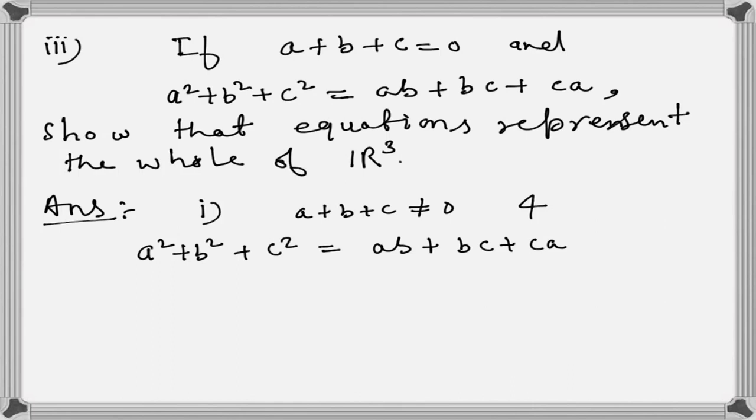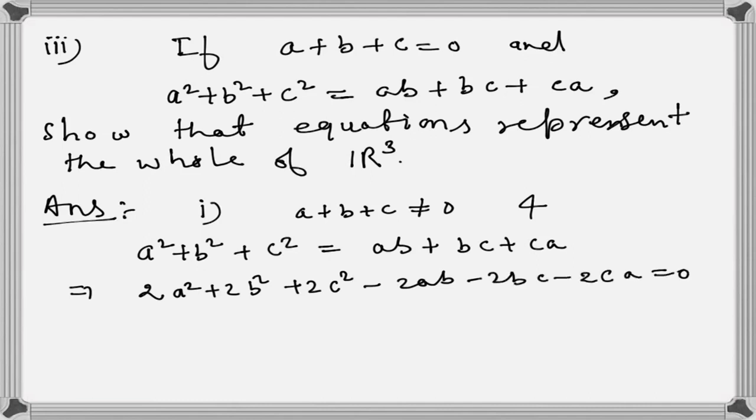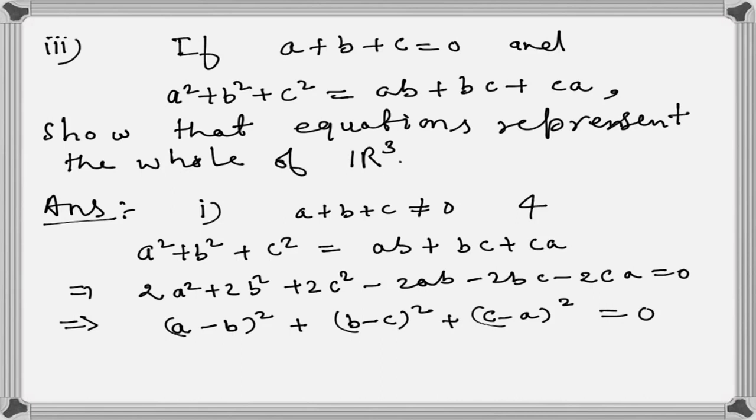So this simply means that 2a square plus 2b square plus 2c square minus 2ab minus 2bc minus 2ca is 0. So this implies that a minus b whole square plus b minus c whole square plus c minus a whole square is 0, right?